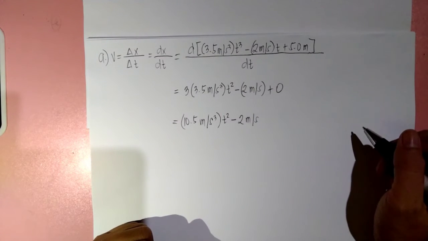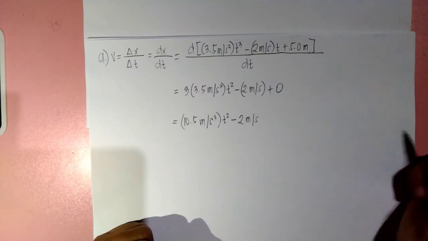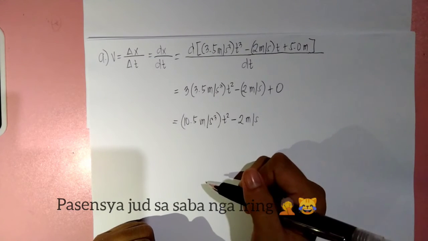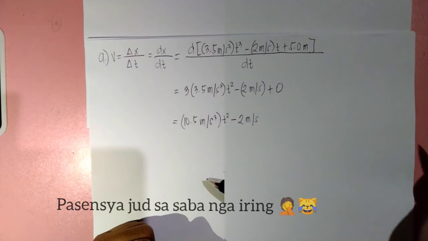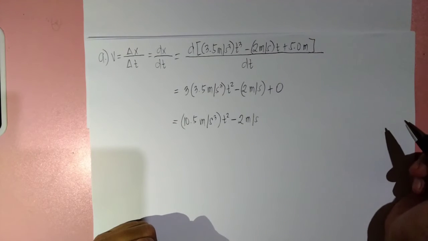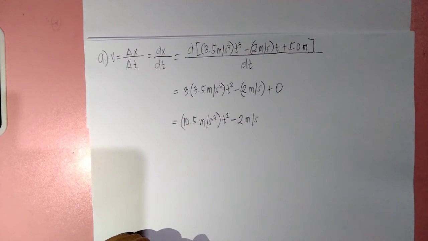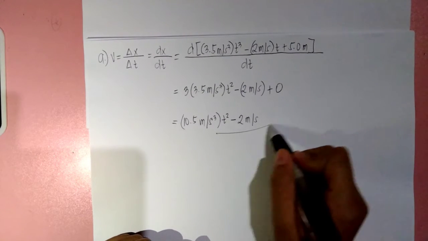Is it already simplified? Yes, it is. Therefore, the equation for velocity is the quantity of 10.5 meters per second cubed times t squared, which is obviously not known yet, minus 2 meters per second.